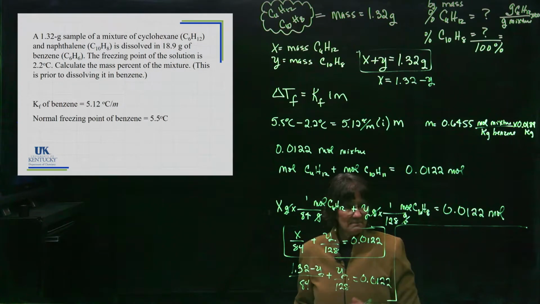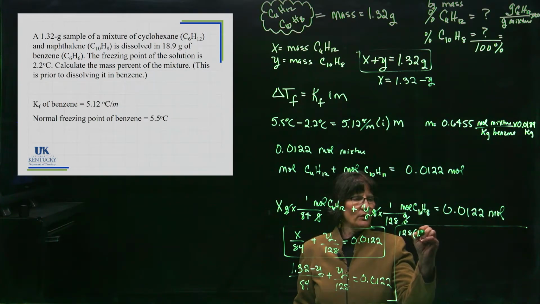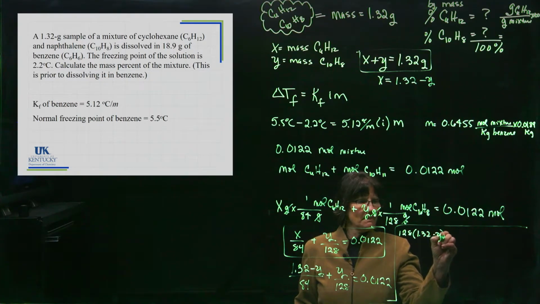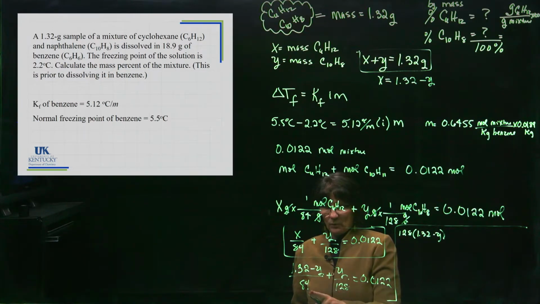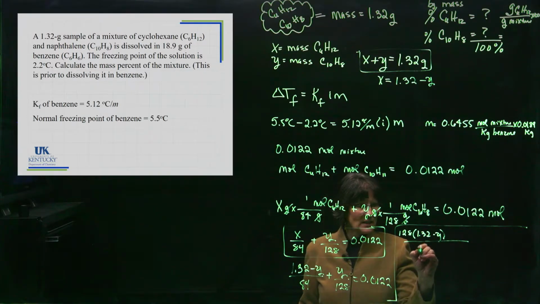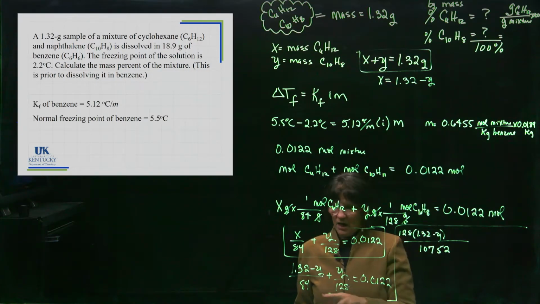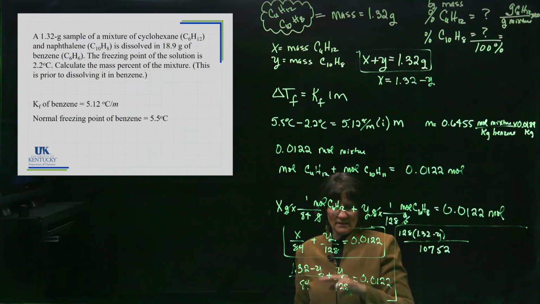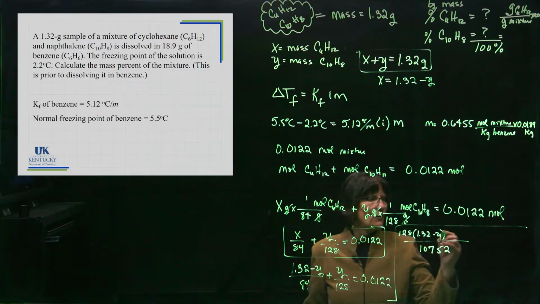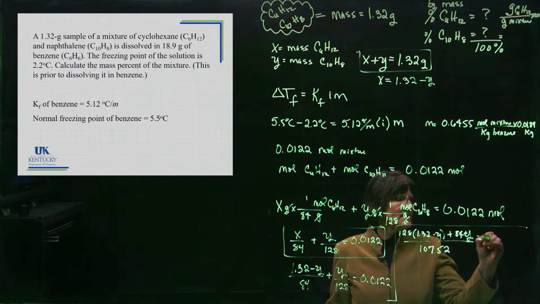I'm going to have 128 times 1.32 minus Y. My common denominator, by the way, is going to be 84 times 128, which is 10,752. That's my common denominator. So I have this 84 times 128, and I have this part times 84, so I have plus 84Y, and all of that is going to equal my 0.0122.